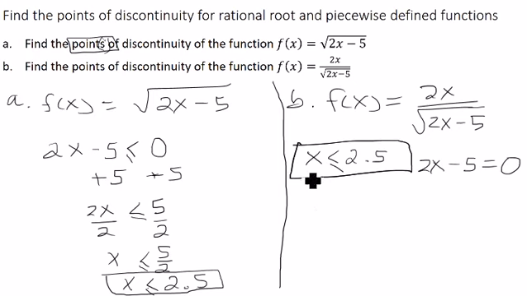So that should be it, but you can also write the answers in interval notation. If you remember how to write inequalities as a line graph, in interval notation, open rays, all that you learned in college algebra, this is going to be negative infinity on the left side, and then 2.5.